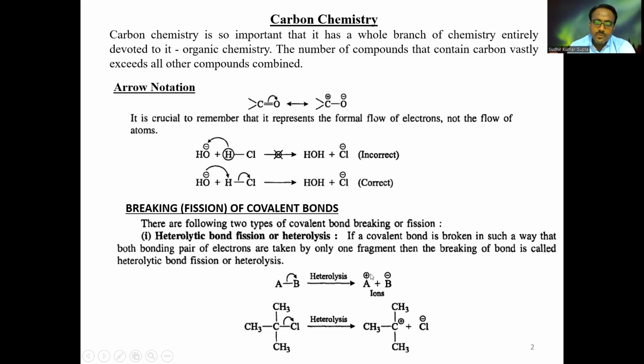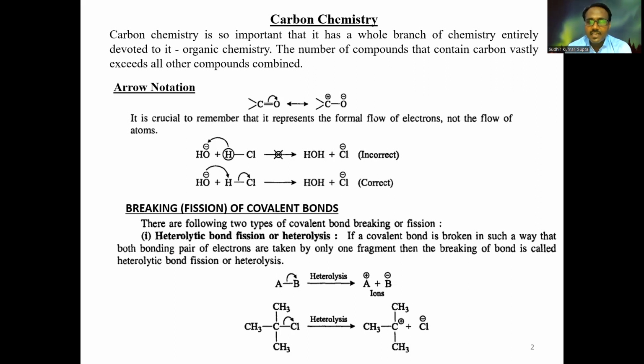Okay. So it means both the electrons of the pair present in this bond are taken by one atom. Earlier, both electrons were shared by the two atoms, and each atom had contributed one electron; now both electrons are taken by one of the atoms. So one of the atoms is deficient of both electrons. So there is a dissimilarity, a non-homogeneous distribution of electrons as compared to the original condition.